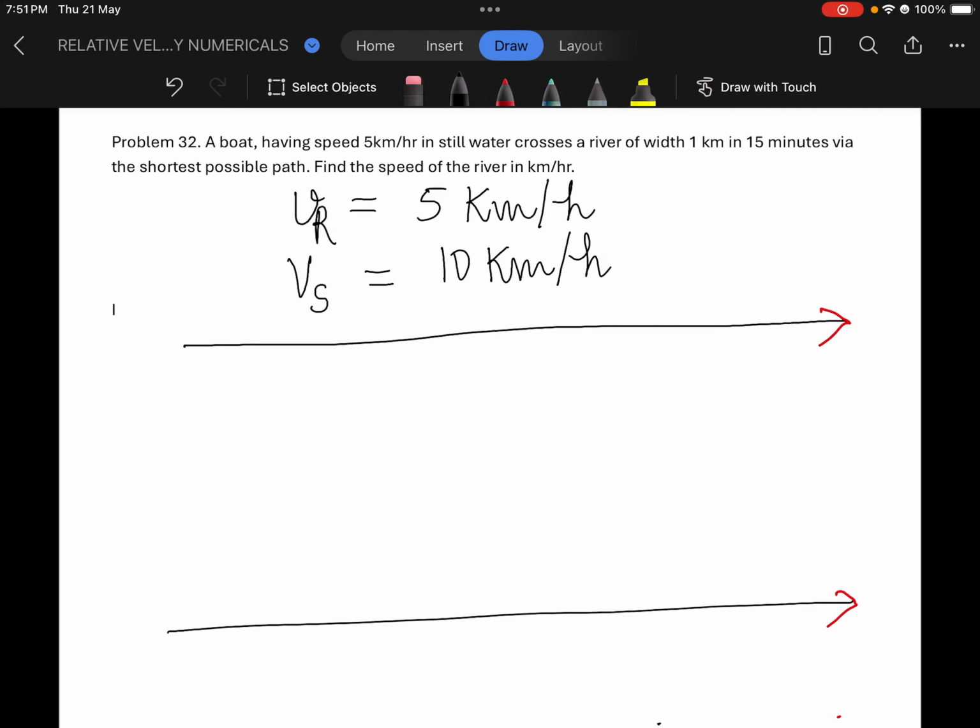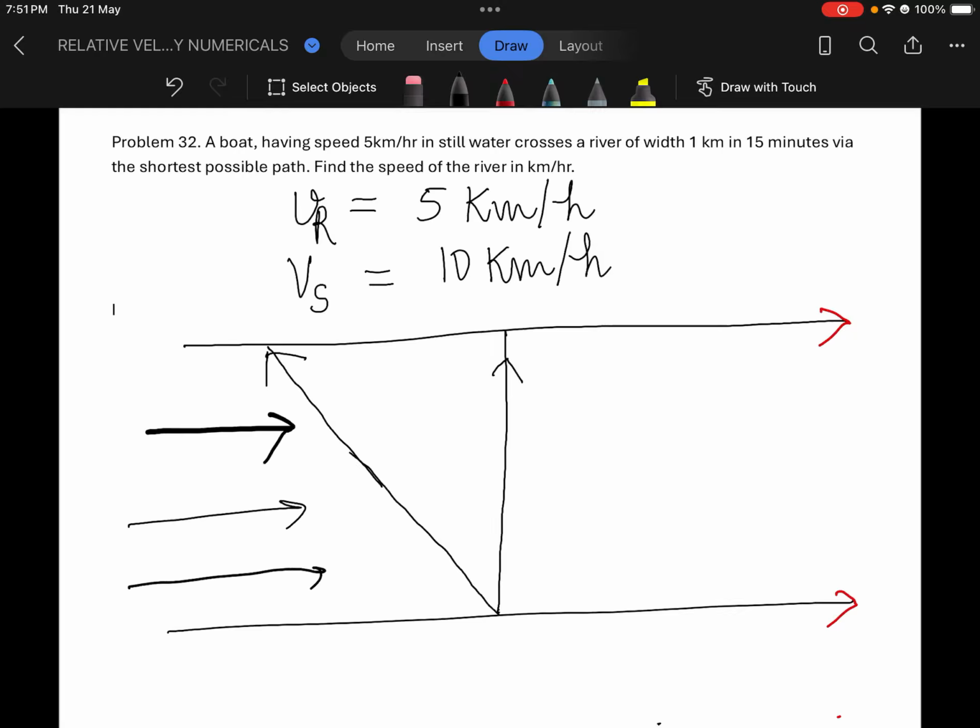Now if he swims in this direction at an angle theta from the shortest path, then what will happen? Because of the flow of the river current, he will come across in this direction.